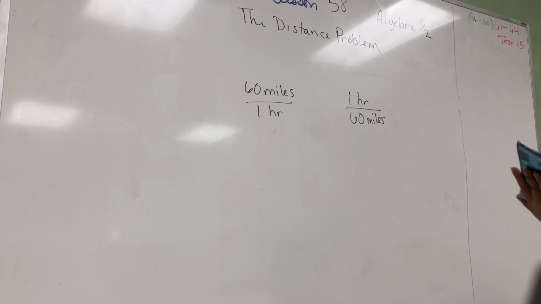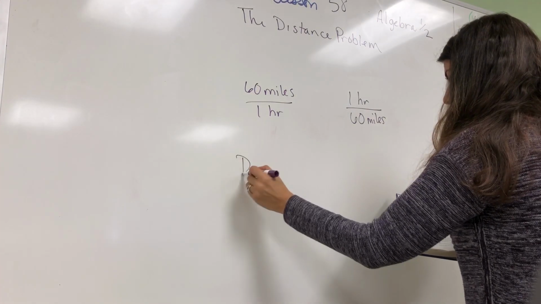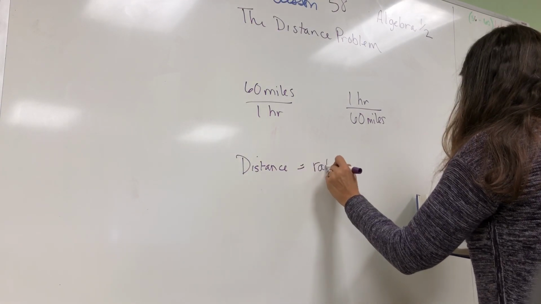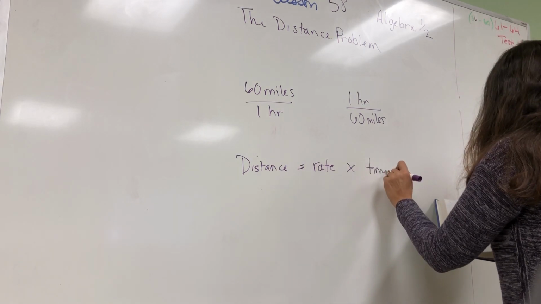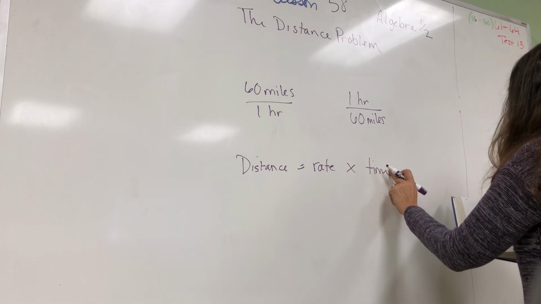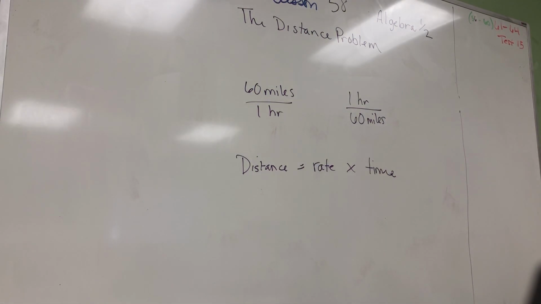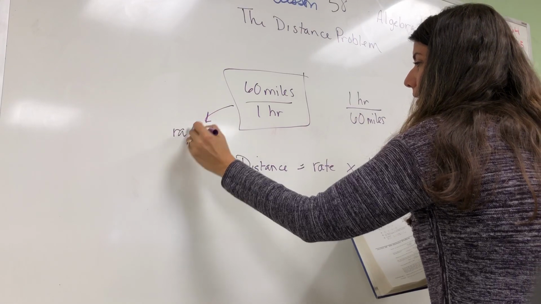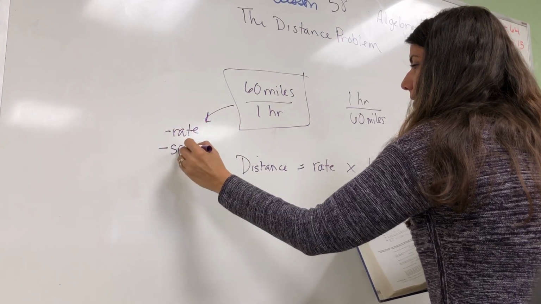So, whenever you see the equation distance equals rate times time, as it says in the book here on page 186, the rate used has time on the bottom, in the denominator, and when it's like this, we call that the rate, or another word for that is speed.